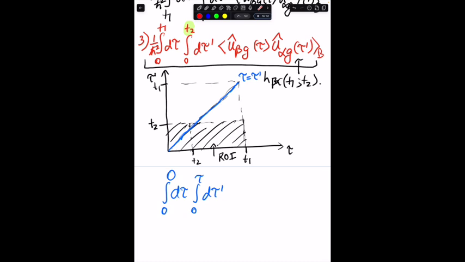So if I want to get this region of integration, what I will do right now is calculate this complete integral. Then after that, I will subtract off this integral, and lastly, I will add this integral.